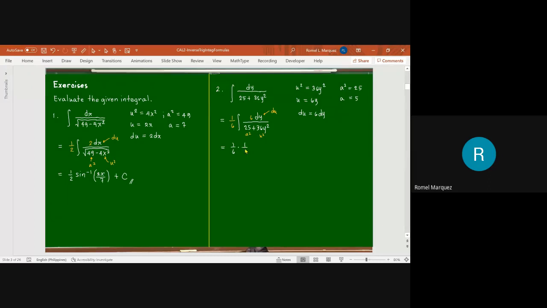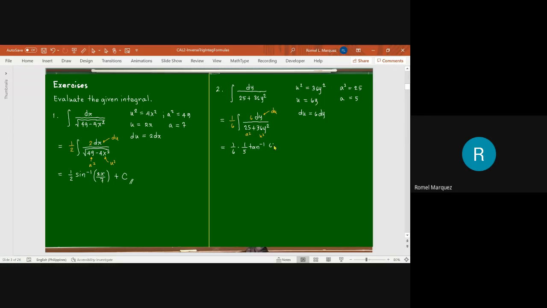Don't forget, unlike inverse sine, which has no 1 over a, here there is 1 over a. So 1 over 5, times inverse tangent of u.